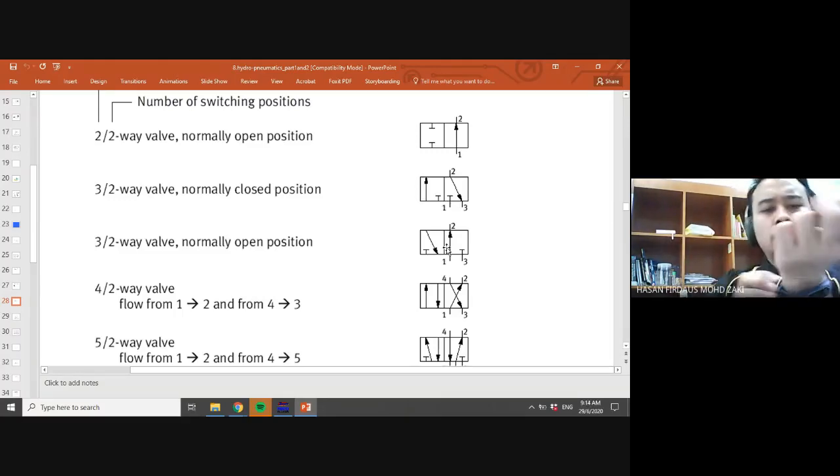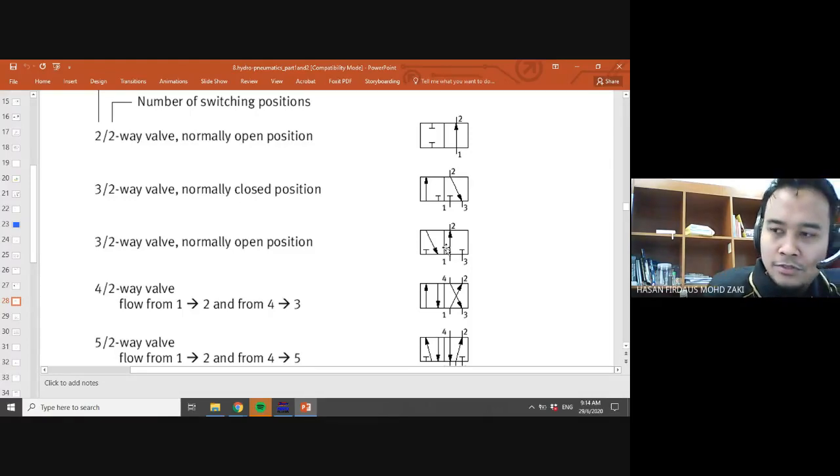This might be a little bit confusing if you compare the term to the electrical ones. If you go back to your electrical and electronics terms, what is the meaning of normally close? Can someone tell me? Normally close, do you have the flow of electricity there or not?